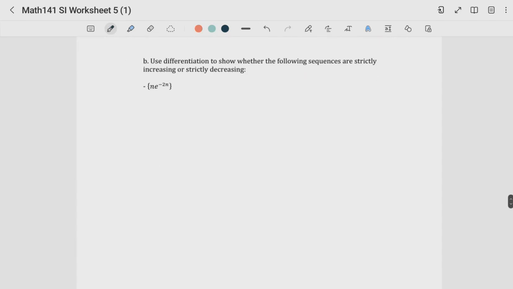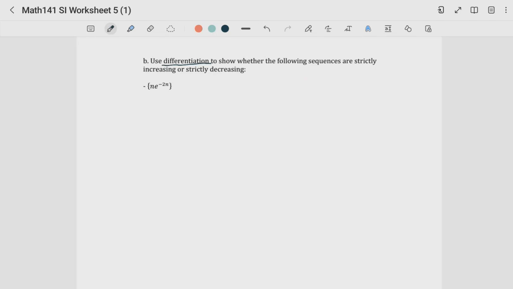And now for these sequences, we are asked to investigate whether they are strictly increasing or strictly decreasing using differentiation, right? So how do you do that? Well, using differentiation, we know that, what do we know?